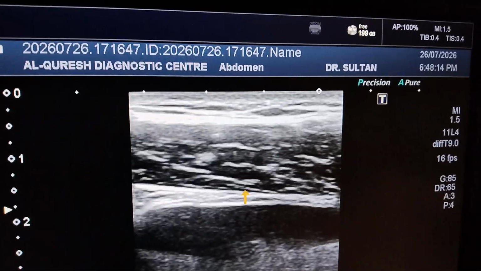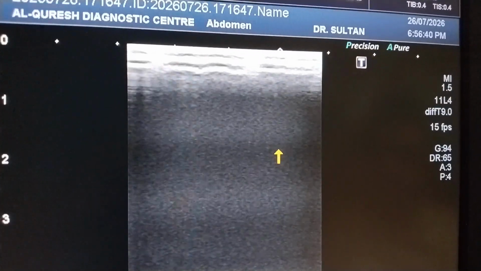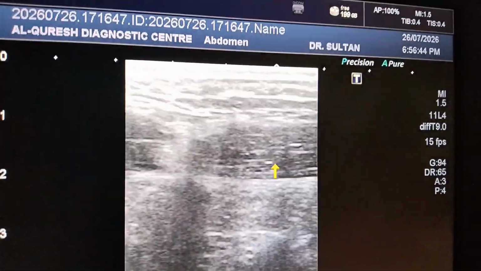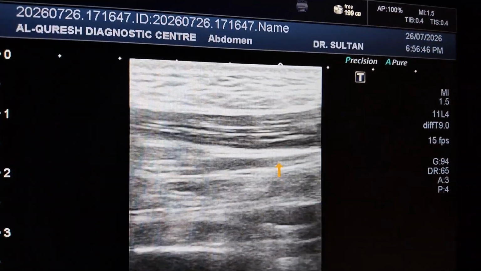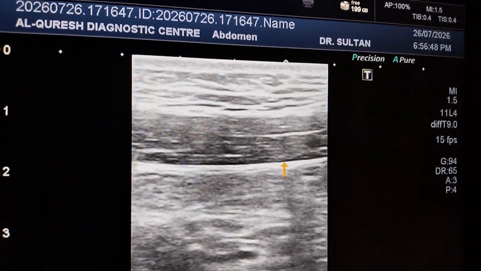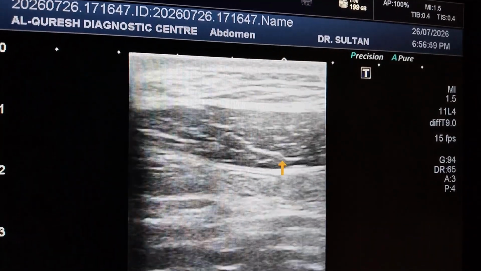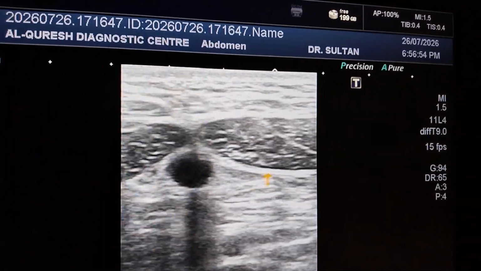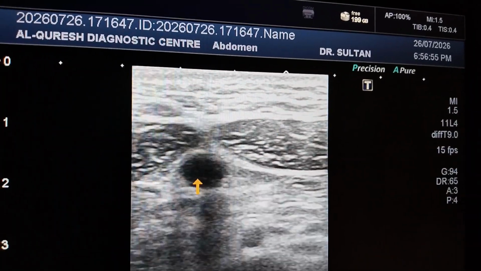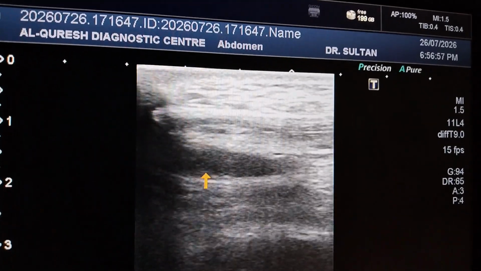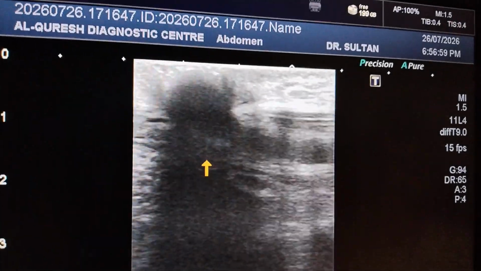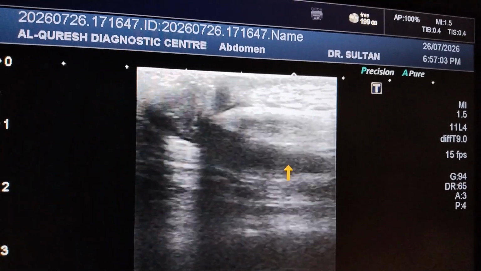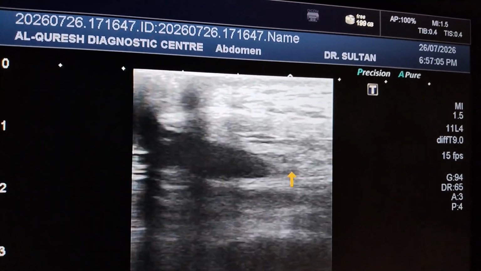Thank you very much. I have asked the patient to urinate, to have an empty urinary bladder. What would be the behavior of this sinus after the urination? So this is the tract from the umbilical side. This is the umbilicus tissue, and this is the tract.